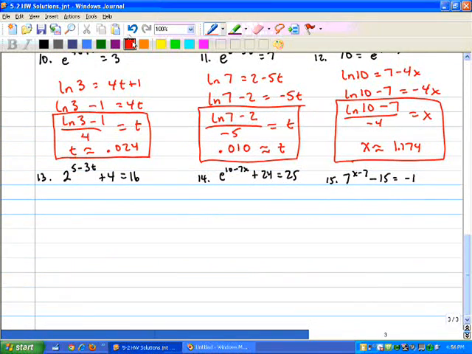On number 13, before we can convert to logarithmic form, we need to get the exponential term by itself. So we subtract 4 from both sides and get 2 to the 5 minus 3t equals 12. Now we convert to logarithmic form and we get log base 2 of 12 equals 5 minus 3t. Again, this is one that we can't easily figure out, so that's exact form. We leave it. We subtract 5 from both sides and then divide both sides by negative 3.